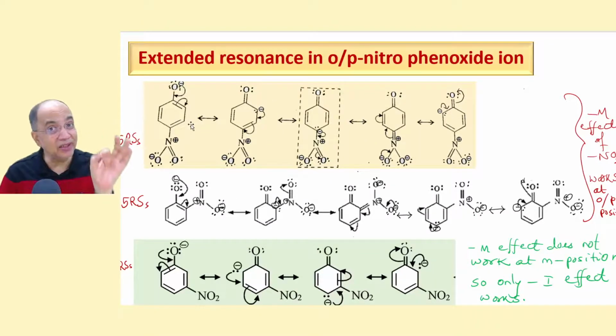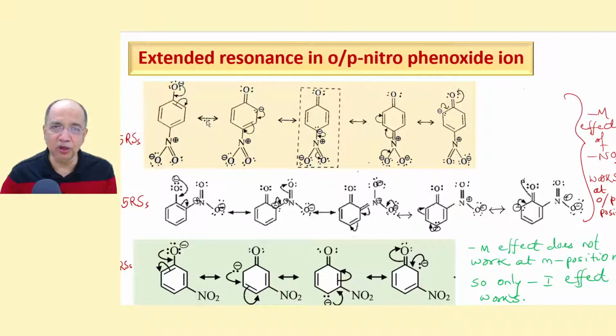Now you can practice yourself. I told you categorically, unless you practice by pausing the video or at a later time, it is not possible to master organic chemistry and its basic concepts. Now this will come here, this will come here.